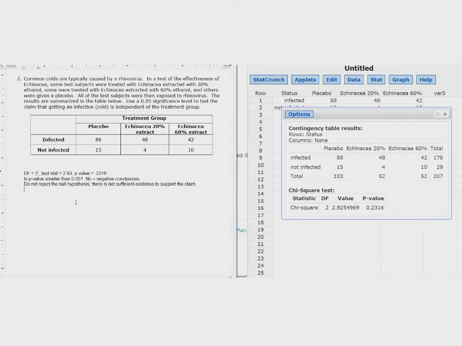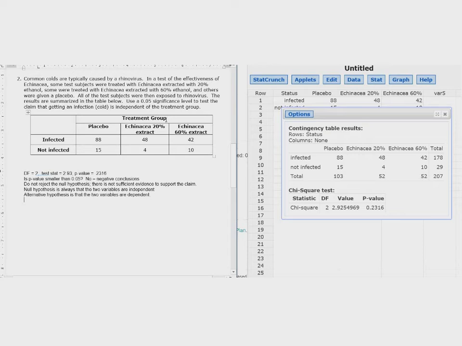Now, with a test of independence, the null hypothesis is always that the two variables are independent. And the alternative hypothesis is that the two variables are dependent. So in this one, if we're having negative conclusions, that means there's not sufficient evidence to support the claim that the infection status and the treatment group are dependent.